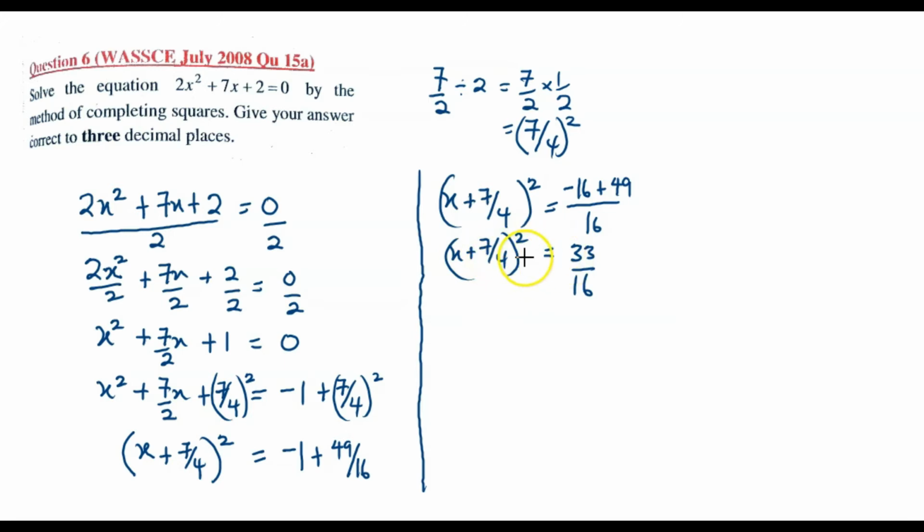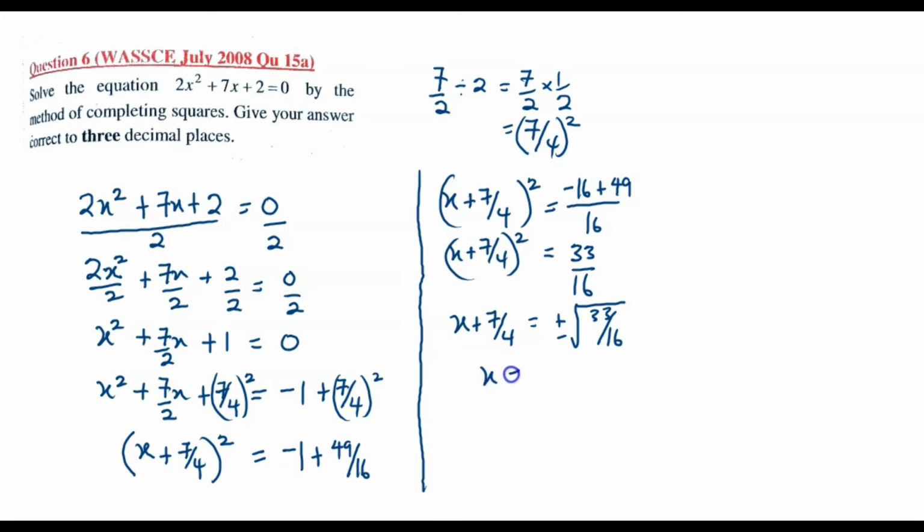Remember, this is a quadratic equation, so you are expecting two solutions. So we have x plus 7 on 4 equal to plus or minus square root of 33 on 16.